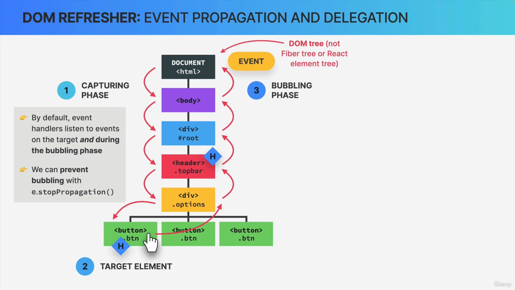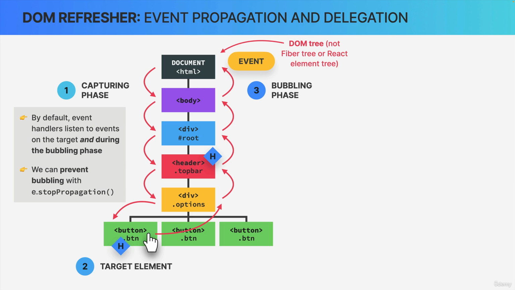And this works in vanilla JavaScript and also in React, but it's actually very rarely necessary, so only use this if there really is no other solution. Okay, so this is essentially how events work in the browser.